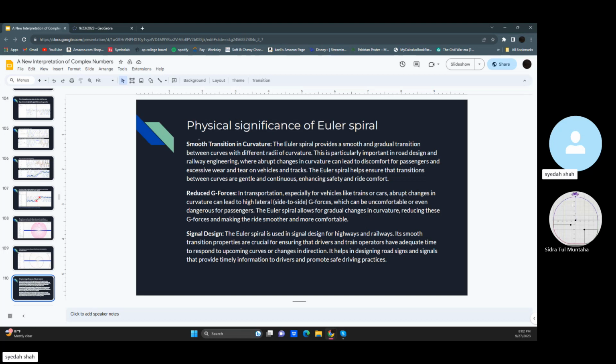The Euler spiral is used in signal design for highways and railways. Its smooth transition properties are crucial for ensuring drivers and train operators have adequate time to respond to upcoming curves or changes in direction. It helps in designing road signs and signals that provide timely information to drivers and promote safe driving practices.